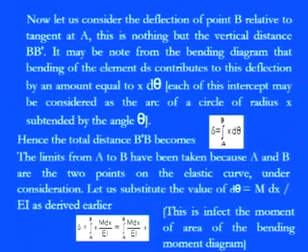So we simply put the limits A and B for that portion, and substitute the value into the main equation, dθ equals M dx by EI. Then the deflection delta is equal to the integration from A to B of x times M dx divided by EI.